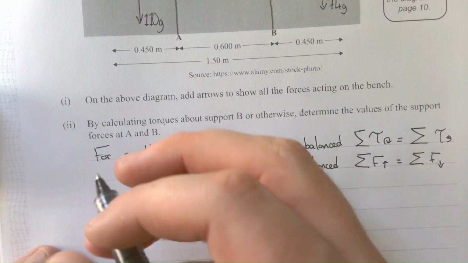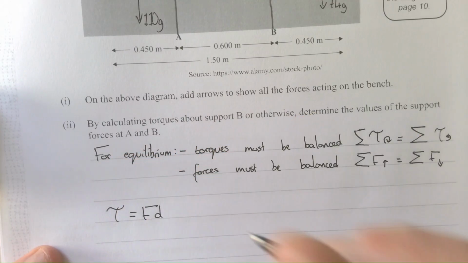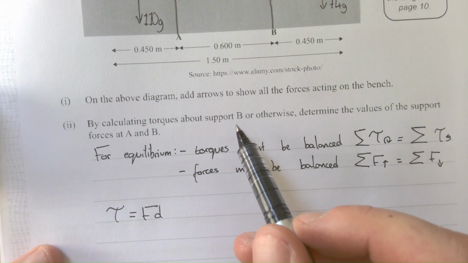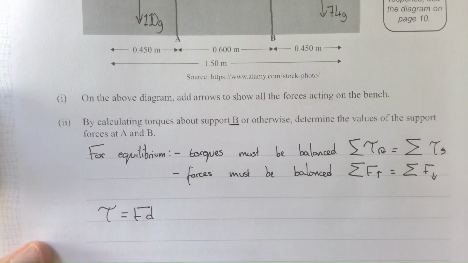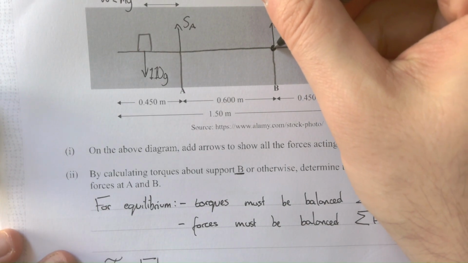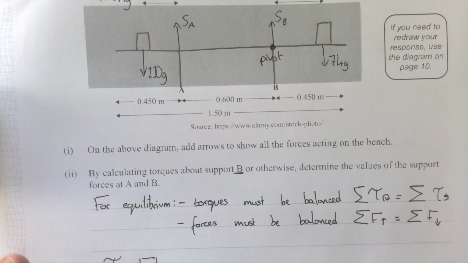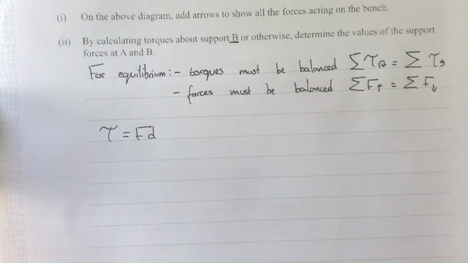Now, my torque equation is equal to the force times the perpendicular distance to the support force. Because the question is suggesting I do it this way, I'm going to say that B is my pivot point. So I'm just going to draw a big circle on it and say pivot, just to make it clear for me and the examiner as to what I'm trying to do.